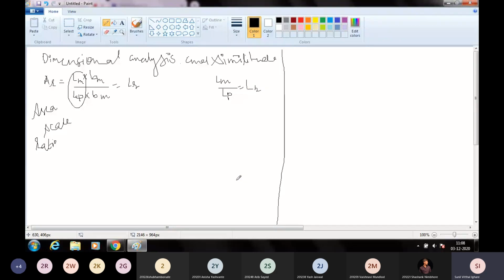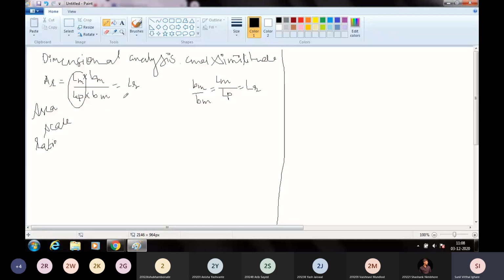This is the way to write the scale ratio. In a similar way, I can write the width of the model to the width of the prototype, and that also is LR. This is the scale ratio.